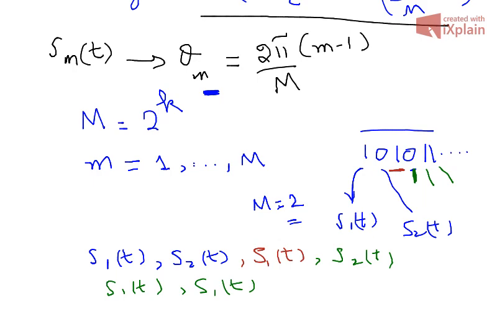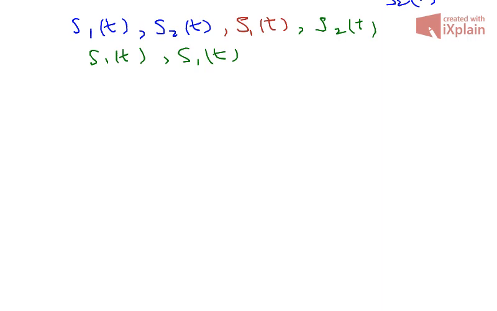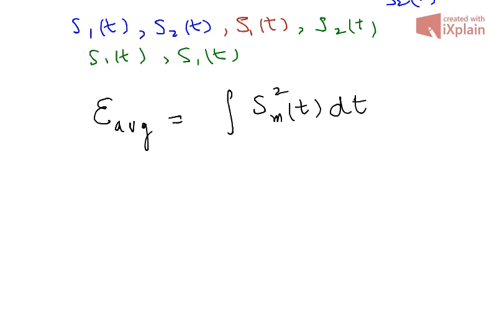Now we are interested in finding the energy of our signal. How do we find it? When we are interested in the average energy, we always square our signal and integrate it over a period.